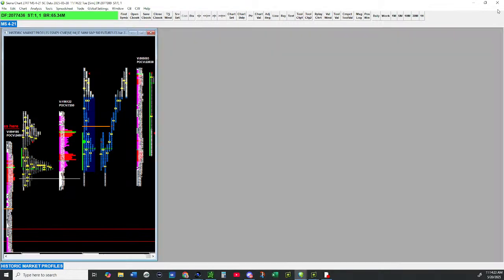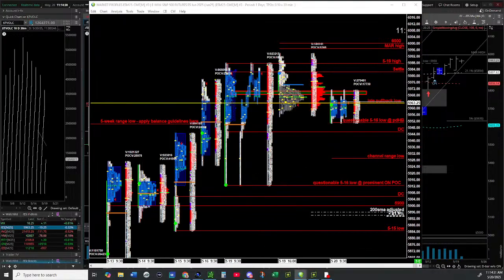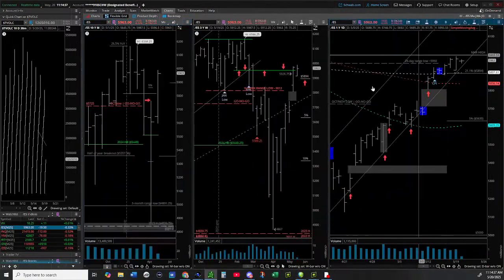Now, I'm going to take this one out of there and have a review of what's happening in the monthly. Yesterday, that short coverage rally, look at what kind of volume it gave us. Really low.